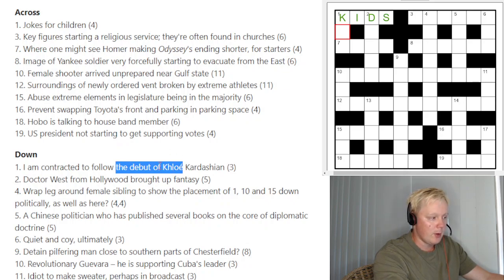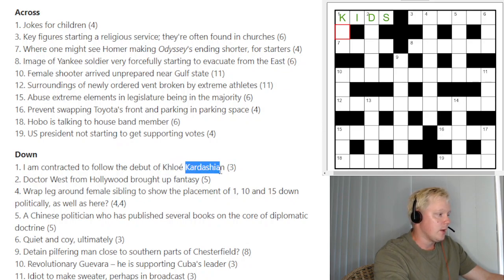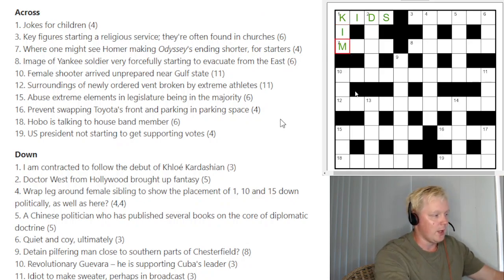That would mean we break up this unit, pretty clear unit here, and we would have just Kardashian as the definition. So can you come up with a Kardashian that fits this? 3 letters starting with K. Well, I think we can. Kim.